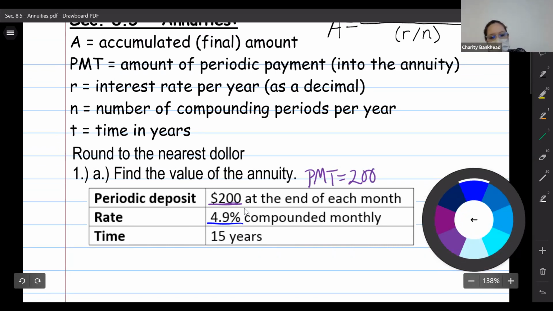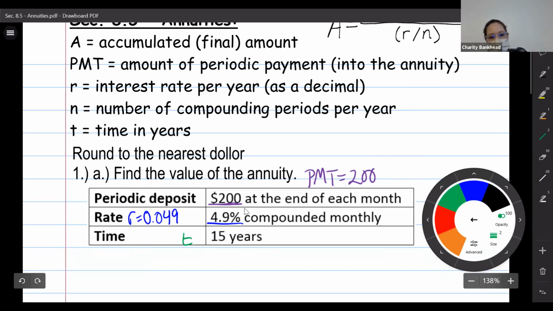And then we have R would be 0.049 and T is 15. And then N, because it's monthly, N would be equal to 12. And then we're just going to plug all of that into our formula.